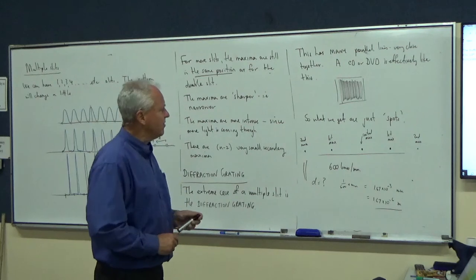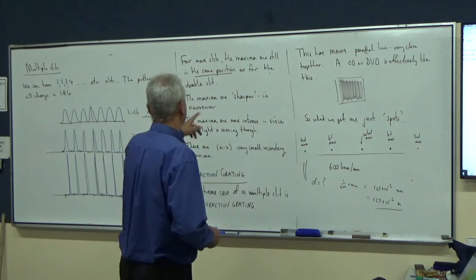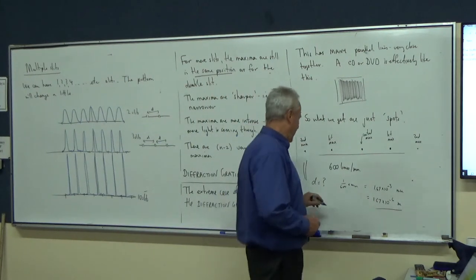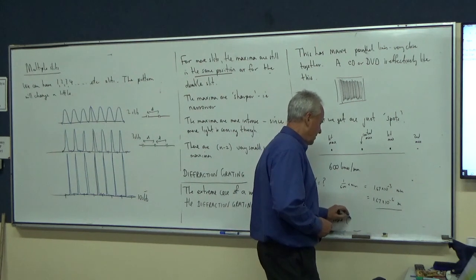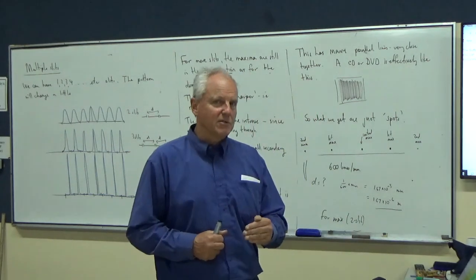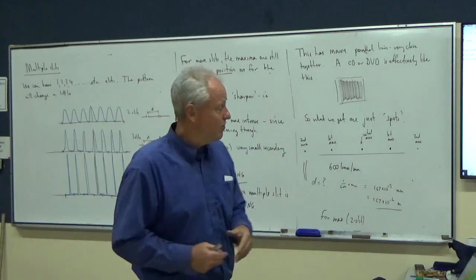Once you've got d, you can use the equation that we still have up there for the maxima for the double slit. Again, the positions of the maxima in the double slit are the same as they are for a diffraction grating, for a multiple slit.